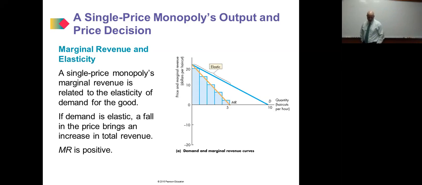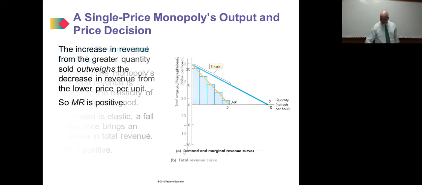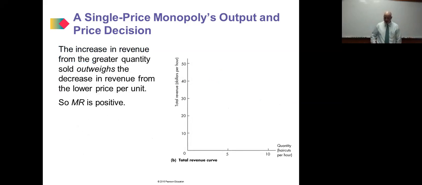So here we see a fall in price. If we look at figure A, we see right here that price is falling. And what's happening to total revenue? It increased. Now the increase in revenue from the greater quantity sold outweighs the decrease in revenue from the lower price.